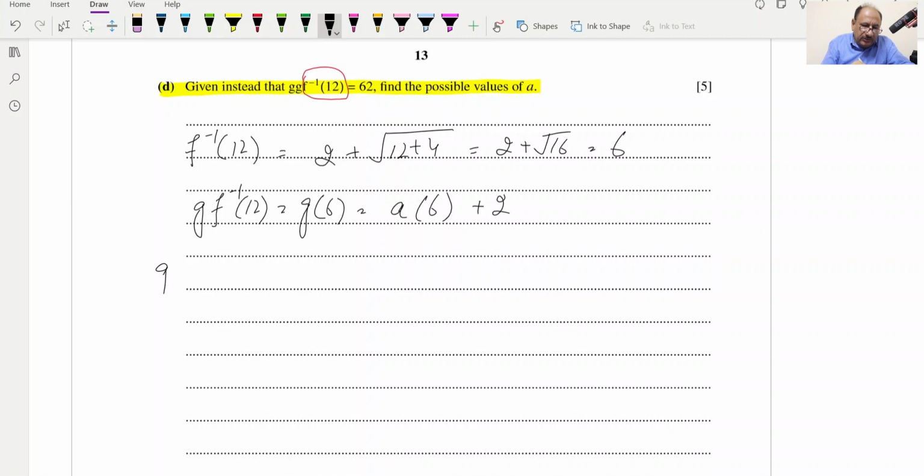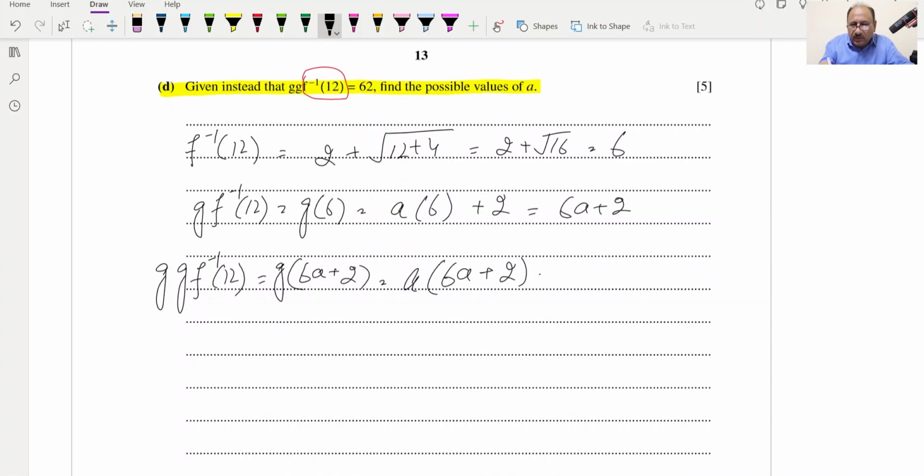Now we can find g of f inverse of 12, which will be equal to g of 6a plus 2. This is basically 6a plus 2, and now we can write it as a into 6a plus 2 plus 2, and this is given to be equal to 62. This value is provided over here.